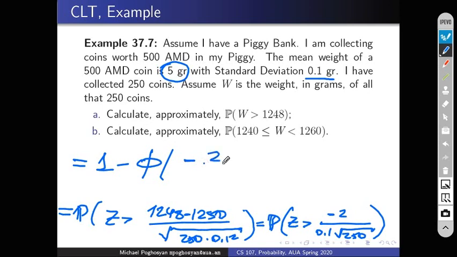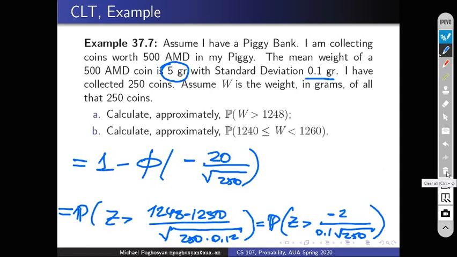Minus 2 over 0.1 will be minus 20 over the square root of 250. Now I need to calculate this number: 1 minus the CDF of the standard normal at minus 20 over the square root of 250.